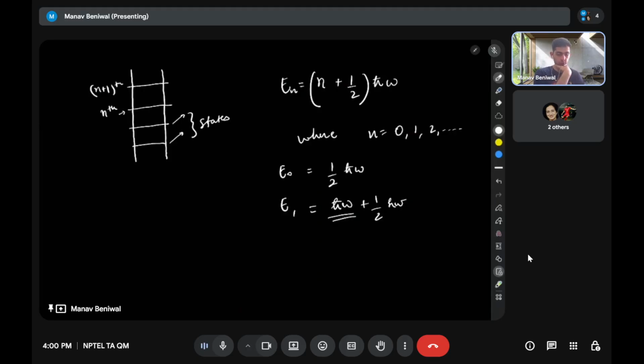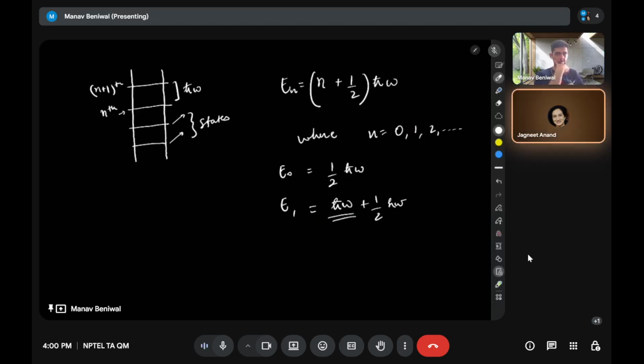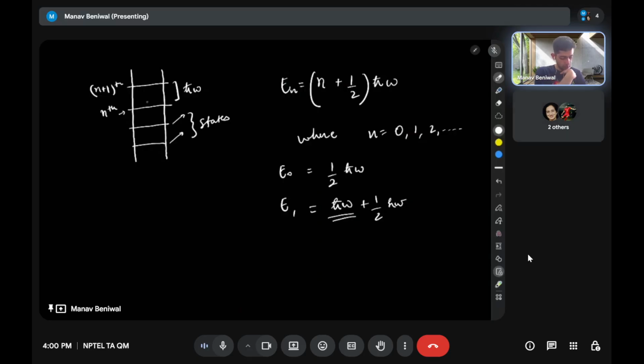what do you want to do? You want to jump up in terms of energy by h cut omega, which means all these steps are equidistant from each other. Doesn't matter which energy state you are in, if you add h cut omega, you will end up in the next state. If you take out h cut omega, you will go to the previous state.